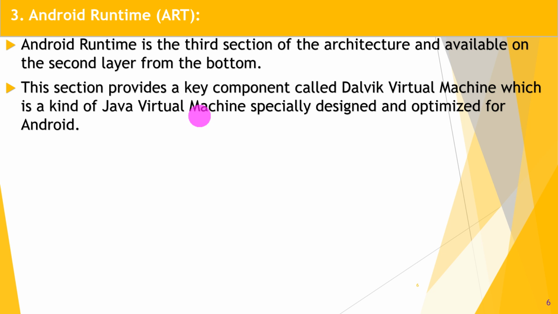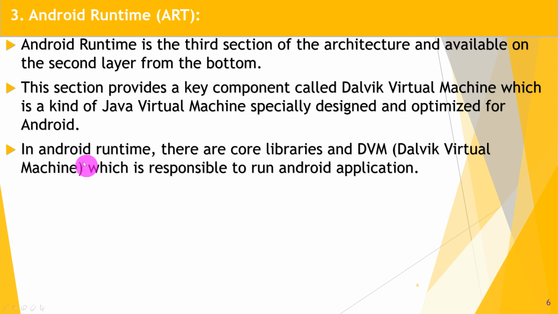But instead of that, there is something similar to the Java virtual machine, called the Dalvik virtual machine. It is mainly designed for Android for optimized performance of Android apps. Okay, so in Android runtime there are core libraries and the Dalvik virtual machine, which is responsible for running Android applications.